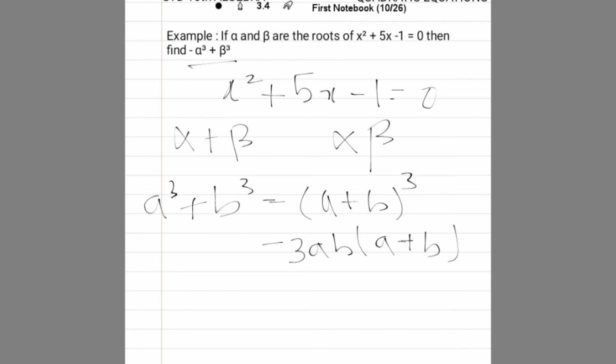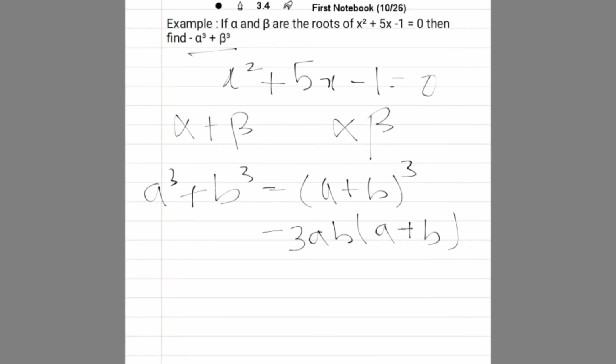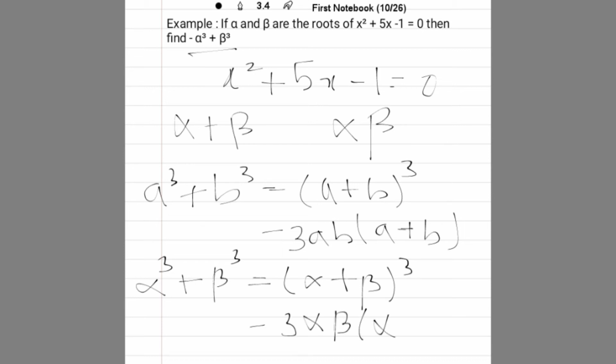We have to use this identity. Instead of a and b, we are just going to replace a and b with alpha and beta. So what we will get is alpha cube plus beta cube is equal to (alpha plus beta) whole cube minus 3 alpha into beta into (alpha plus beta). So this is what we get.